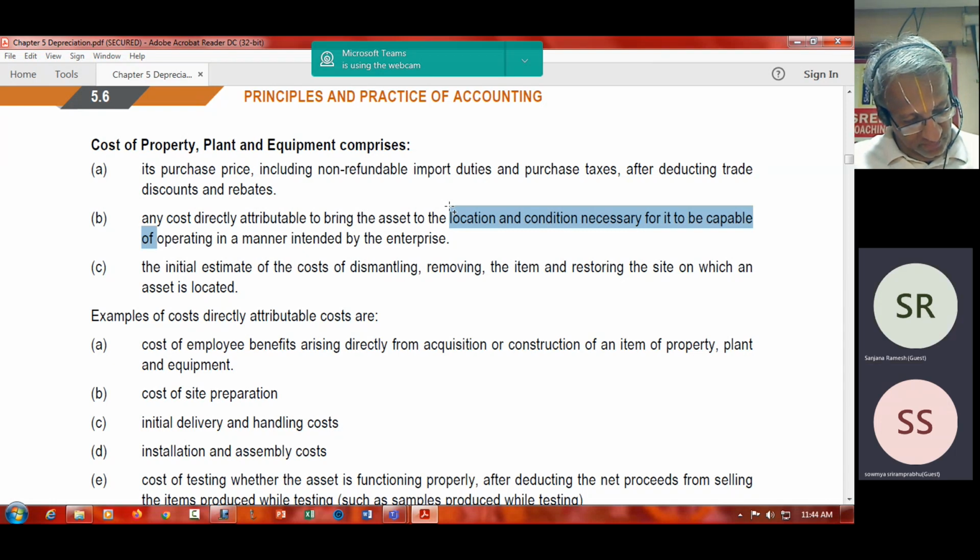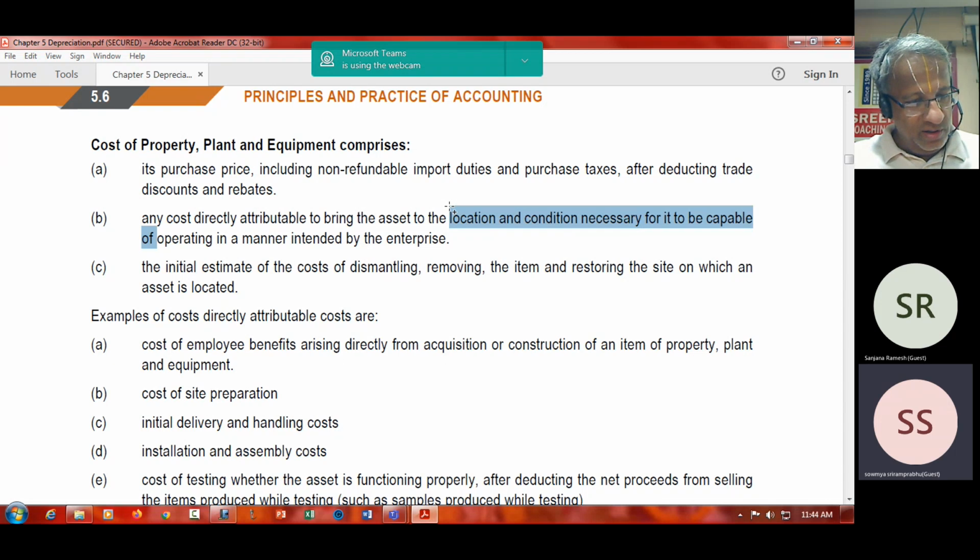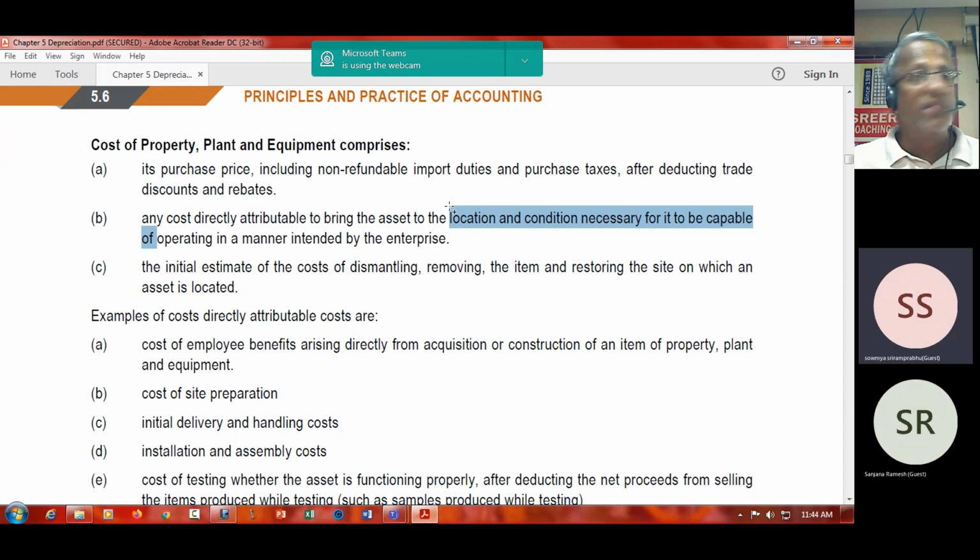Sir, carriage inwards. Carriage inwards are all taken up in B. You can't repeat the same. If we say bills receivable, that's one item. Then we will say debtors. Likewise, you should not be telling something else. Soumya, are you there? Yes, sir.